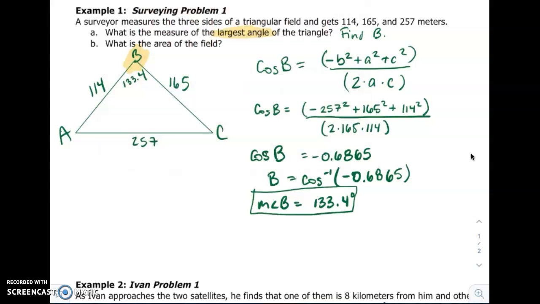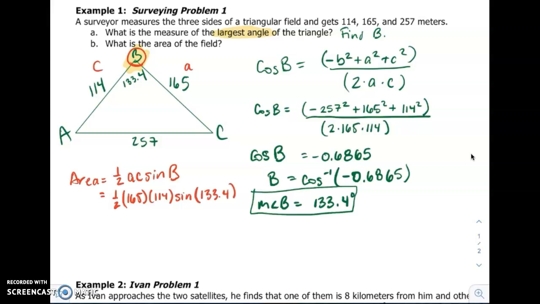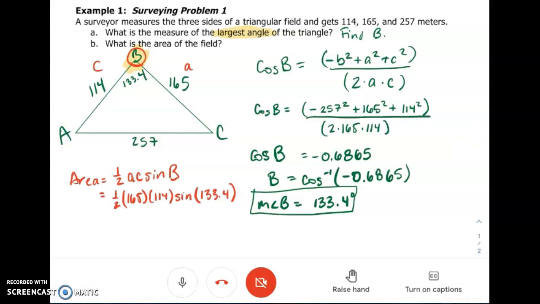So since I only have B, I'm going to have to use sides A and C. So that would mean if I look at my area equations, I'm going to do area is 1/2 AC sine of angle B. So if I plug in my numbers there, A is 165, C is 114, and sine of angle B, 133.4. I'm going to type that into my calculator.